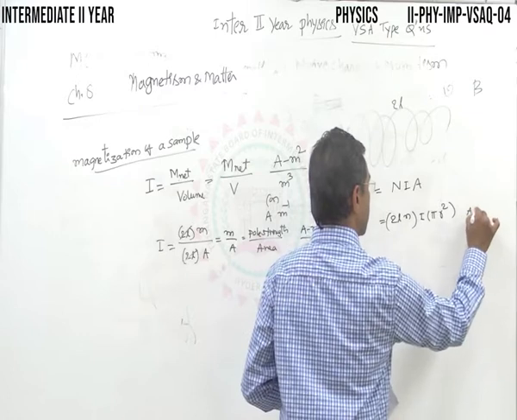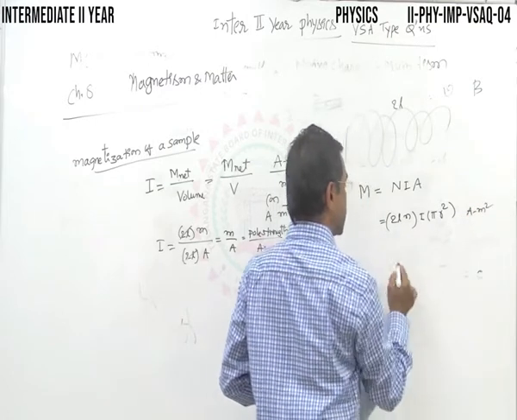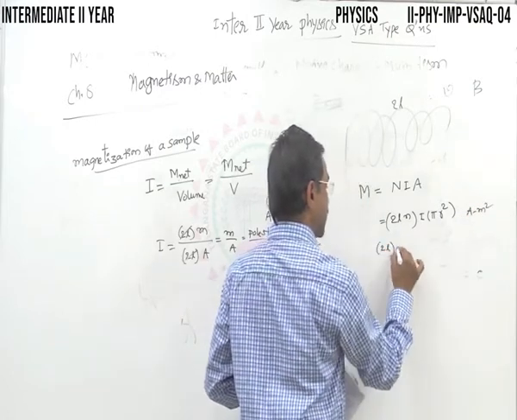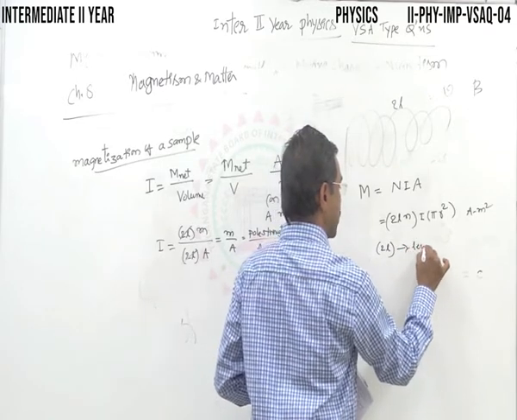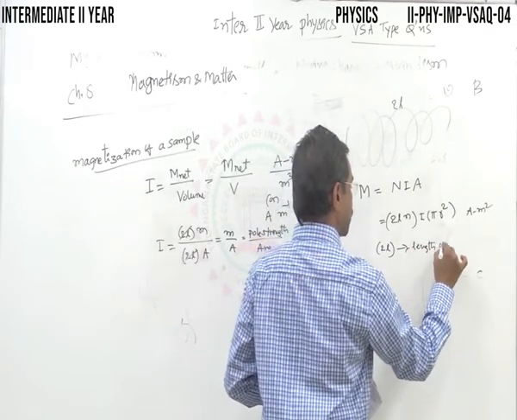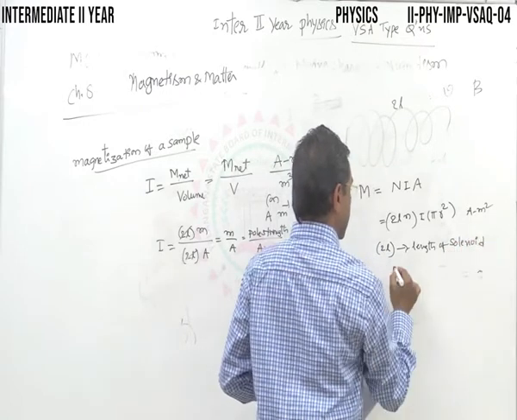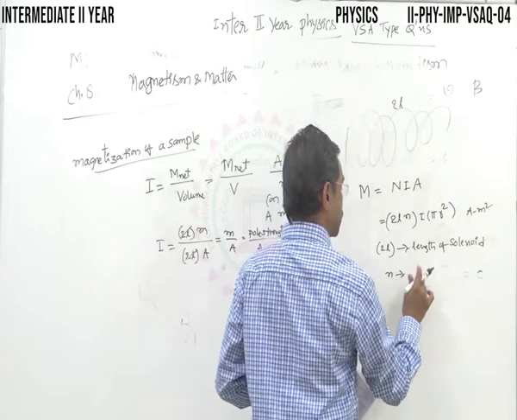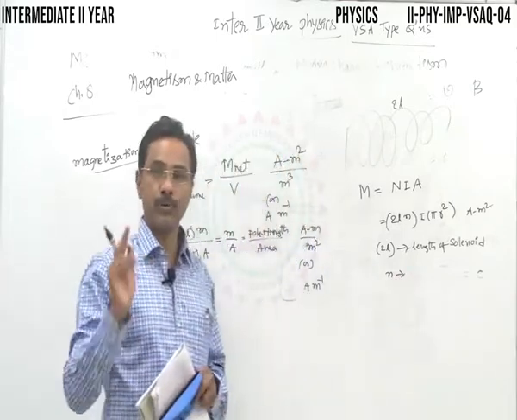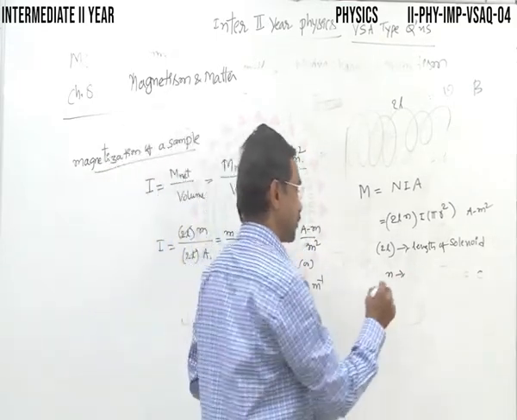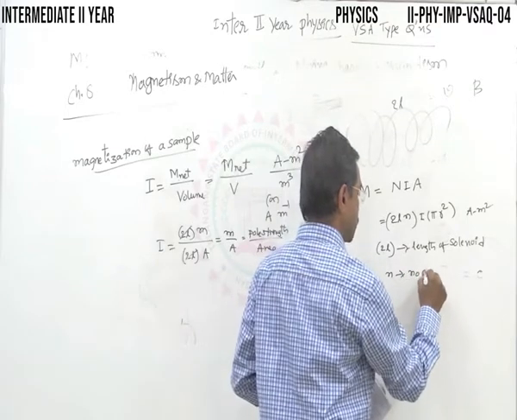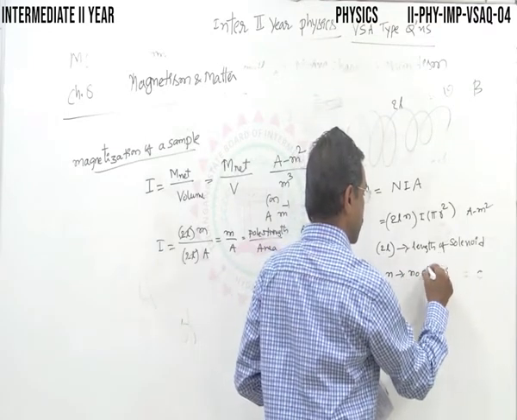The units are ampere meter square. 2L denotes the length of the solenoid. Make a note of it. And of course, small n denotes the number of turns per unit length.